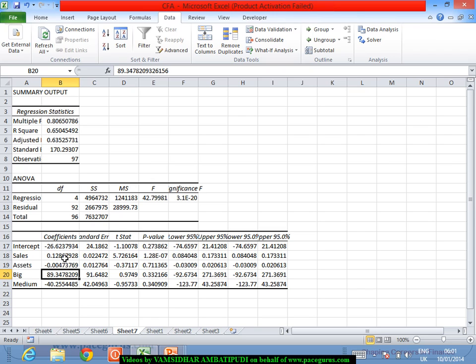Similarly, for a medium company the profits are less by around $40. Basically look at it like the difference in the profits between big and all others is 89. Means the big companies typically have around $89 more profit on an average compared to others.